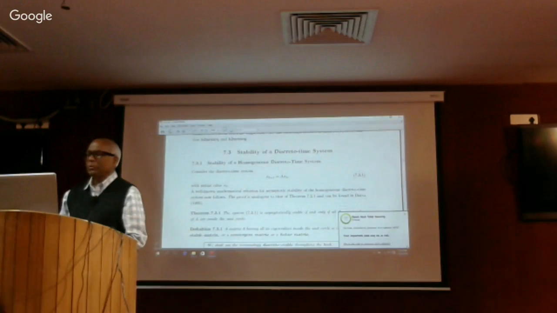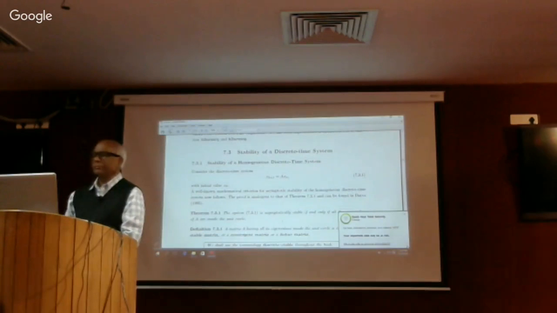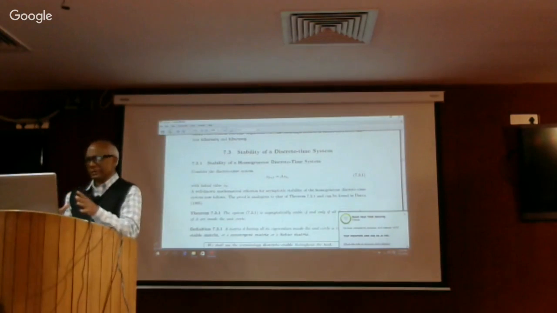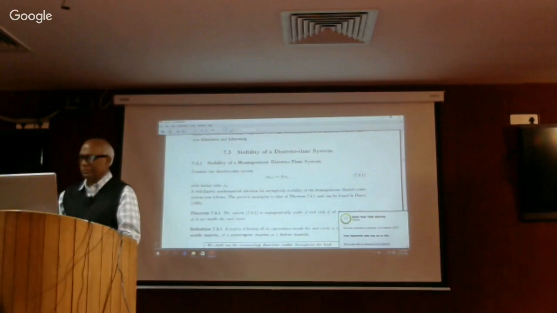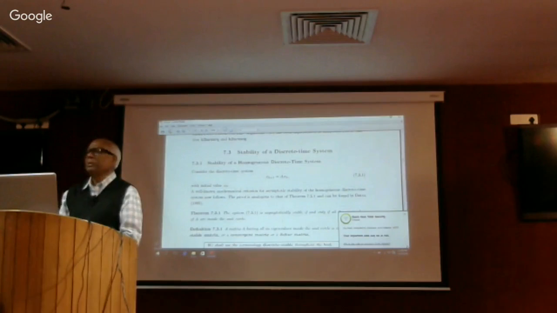So computing the H2 norm also requires the solution of the Lyapunov matrix equation. Now, we did not talk about the discrete-time system, an autonomous discrete-time system. Most of the results that we are talking about also hold good for discrete-time systems. For example, in the case of stability of a discrete-time system, instead of saying all the eigenvalues have negative real parts, we'll be talking about all the eigenvalues being inside the unit circle.